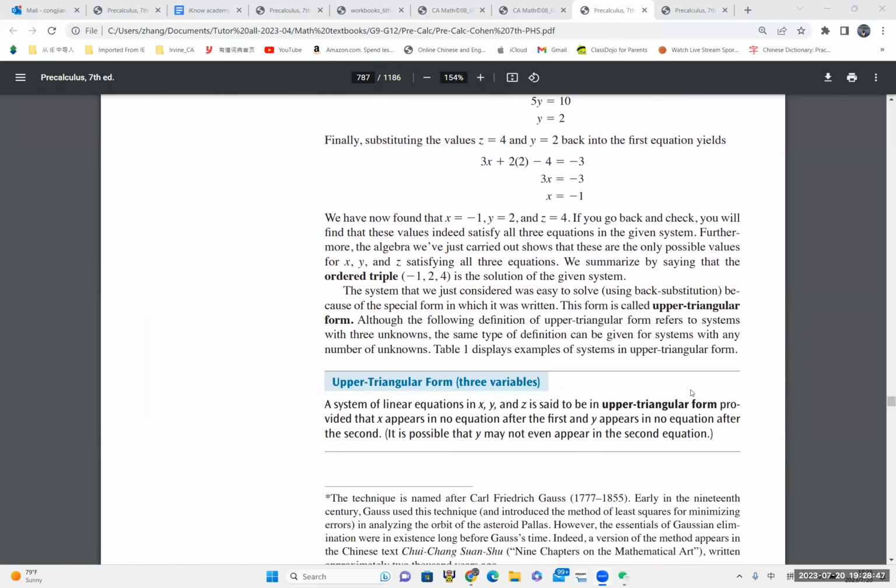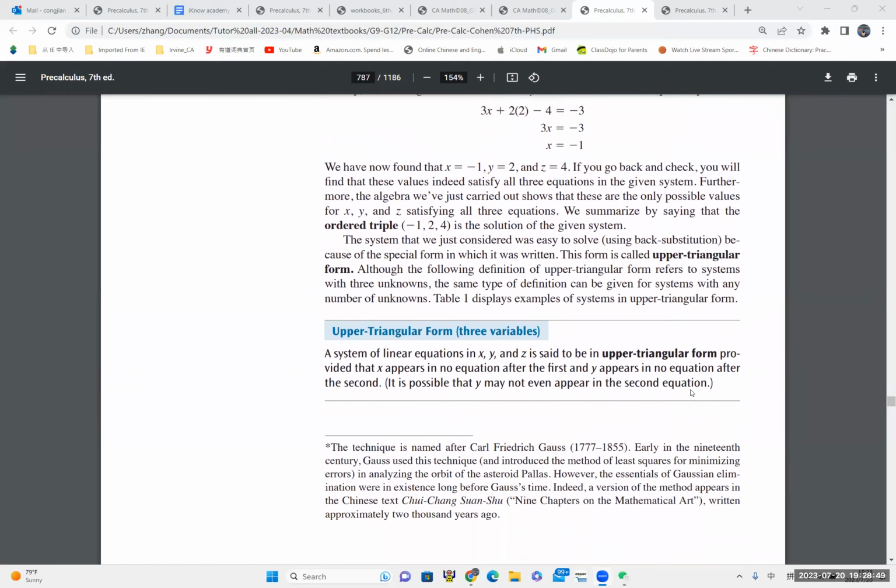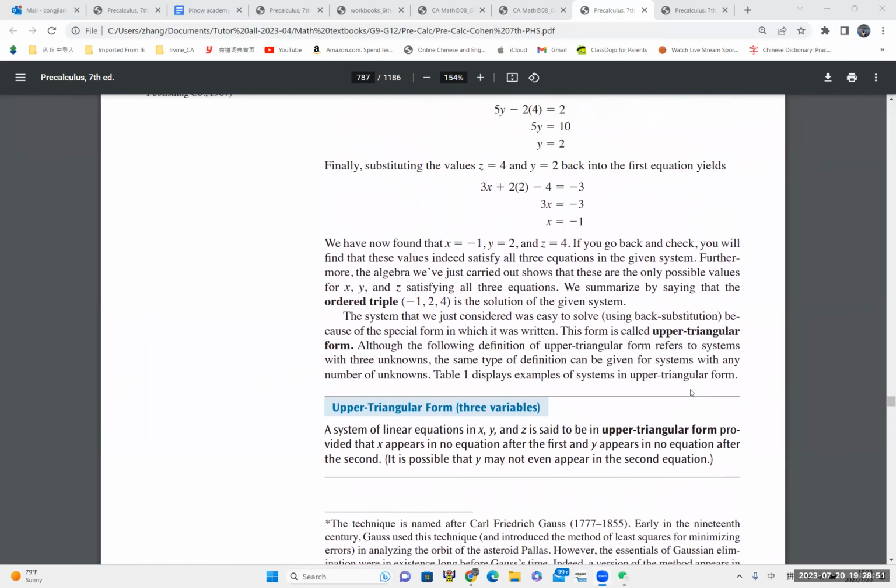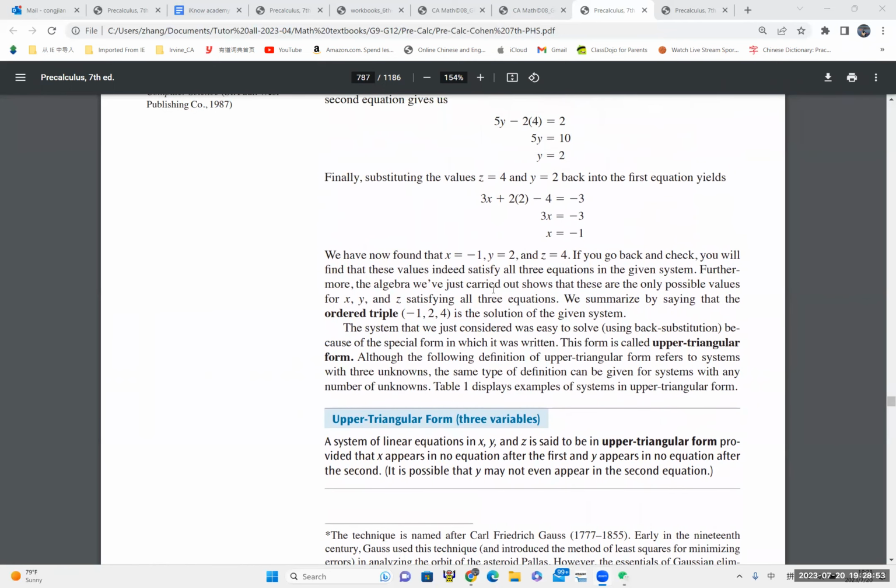Ordered triple. Again, we have x, y, z. If we write it as coordinates, there are 3 inputs, right? You can think about it as 3D space, x, y, z.